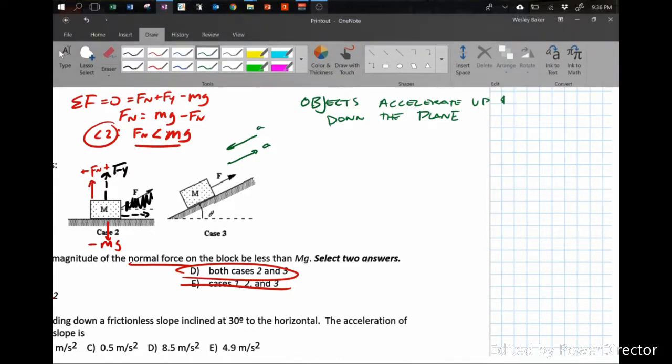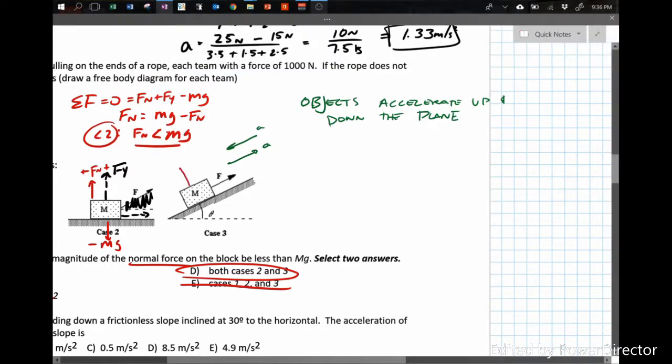If we look at all the forces acting on this, you have the normal force up, I have this applied force up the plane, and I have the weight down. Weight's the force that doesn't fit. This is good to know. We must resolve weight because the normal force is perpendicular to the plane.